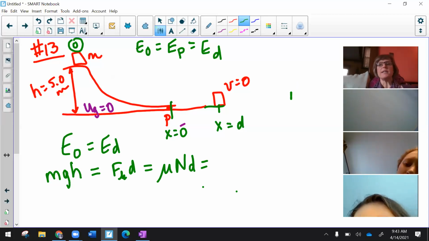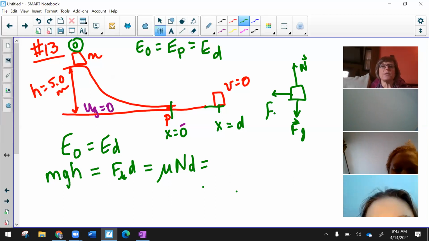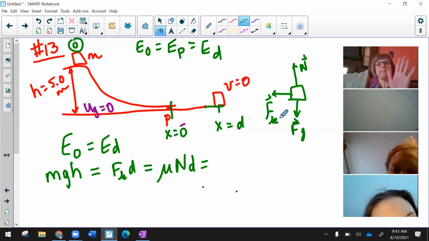I could draw a little free body diagram over here that says my gravitational force goes down, my normal force goes up, my friction force goes this way. And so from that picture, I know that the normal force is going to be equal to the gravitational force.